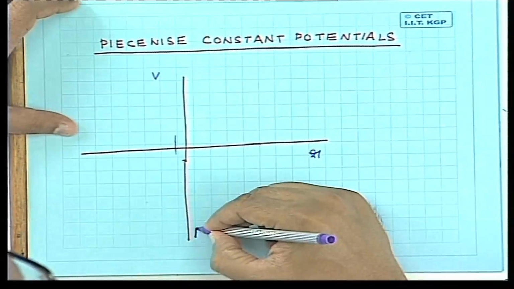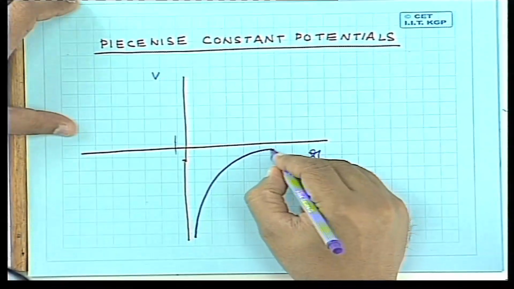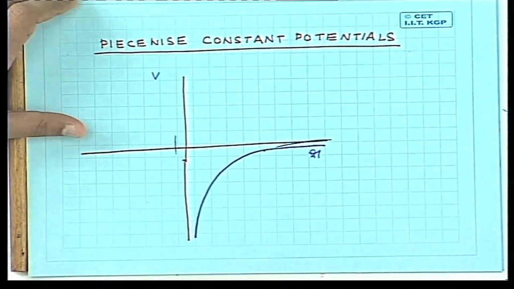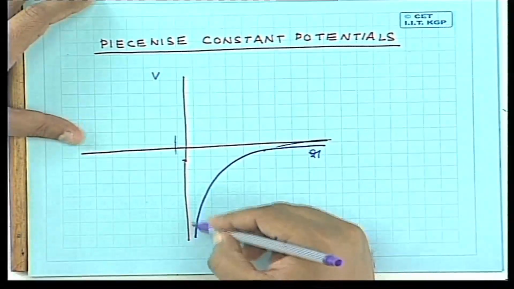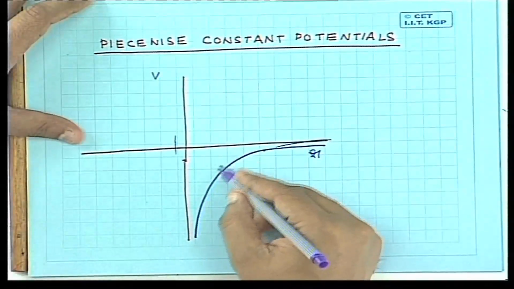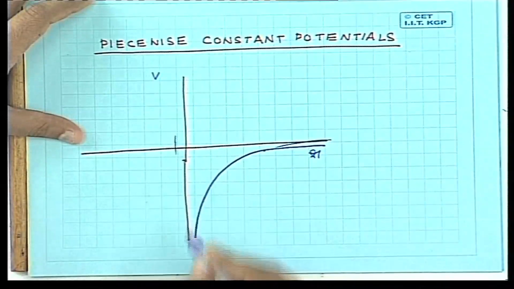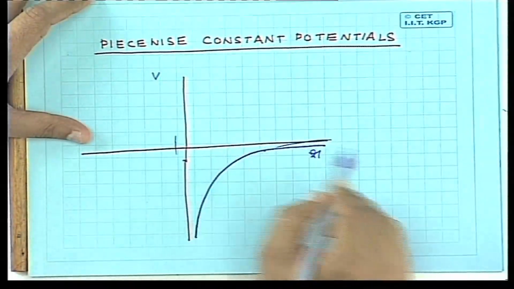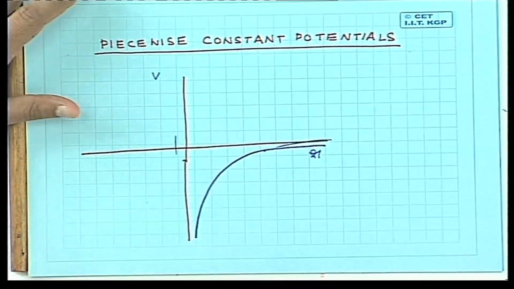The nuclear interaction is something like this. It goes to 0, it becomes constant. The potential varies very rapidly over here, so there is a large force at some very small scales, and then the potential has no effect at large scales.